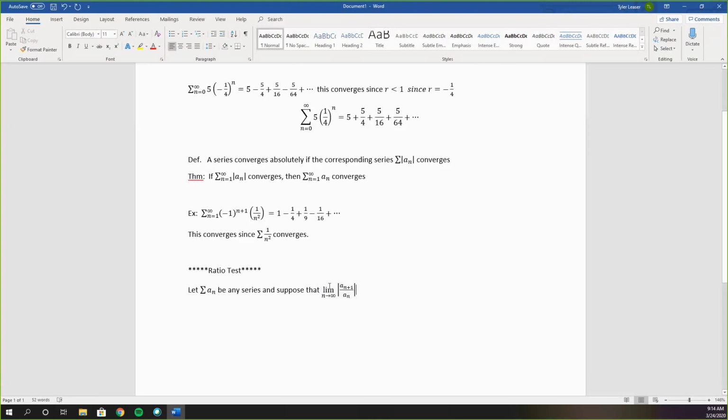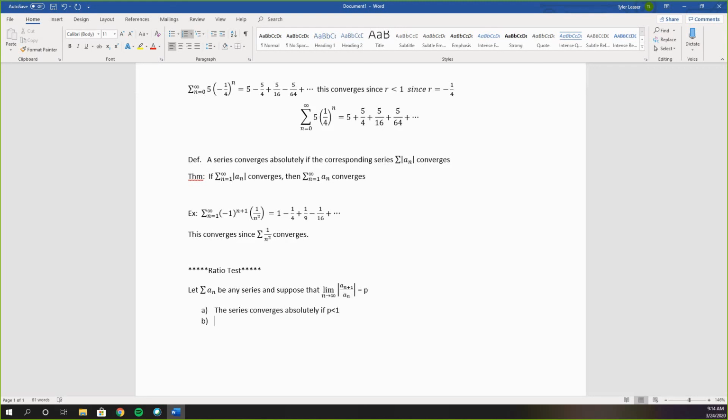We're going to write out some more to this in just a second, but if we have a series where we're just adding a bunch of sequence terms, then if I take the limit of the absolute value of the ratio of those sequence terms as n goes to infinity, and this comes out to be some number, I'm just going to call it p, then there are a couple of different things that could possibly happen. If p comes out to be less than 1, then the series converges absolutely.